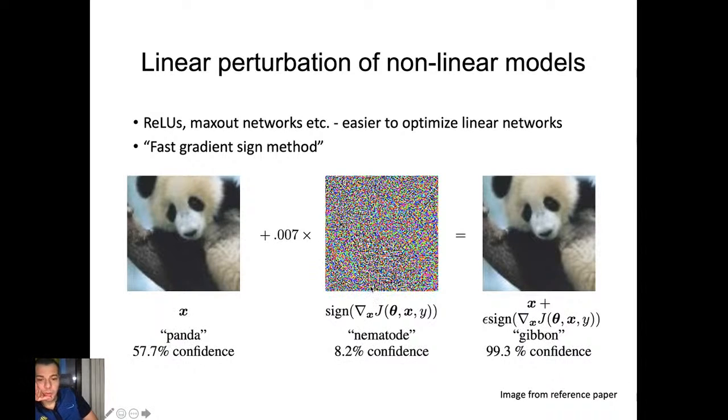This update is added to the image, and then you obtain an adversarial example, given by x plus the norm applied to this noise, in order to make sure that the change is imperceptible to the human eye. And then you get a different class. In this case, the class is Gibbon with 99% confidence.